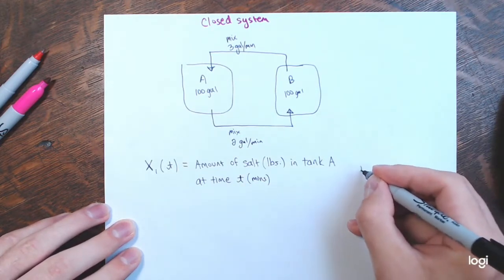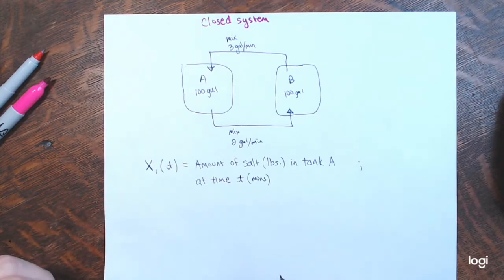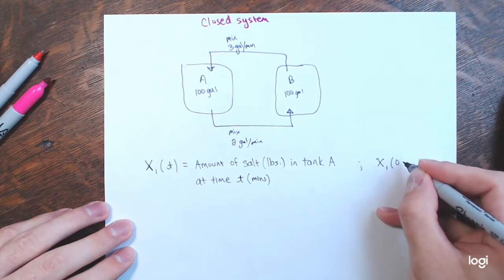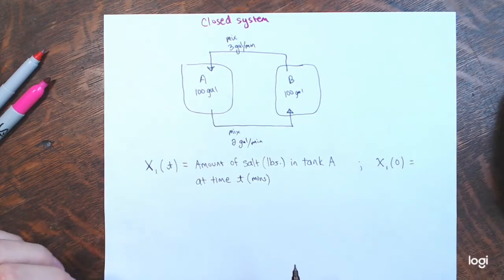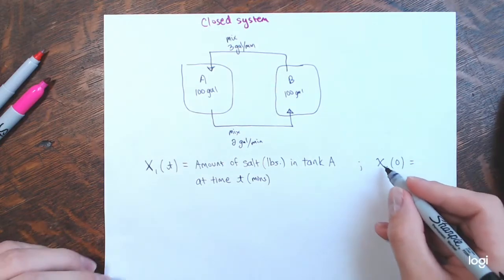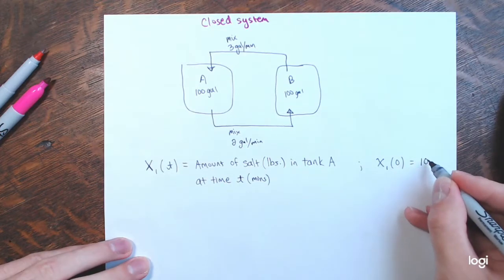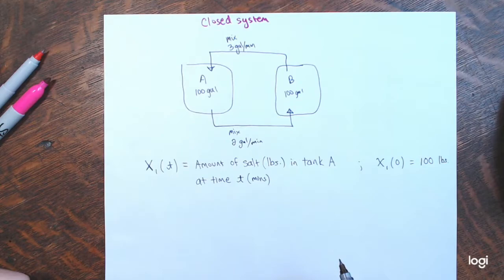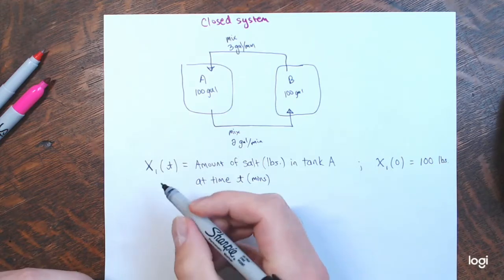And from what we've just been told, we have an initial condition. We're told that initially 100 pounds of salt is dissolved in tank A. So x1 of 0 is 100 pounds. Or just x1 of 0 is 100. So 100 gallons of liquid, and in that liquid 100 pounds of salt to start with.